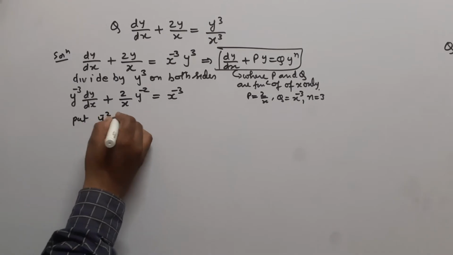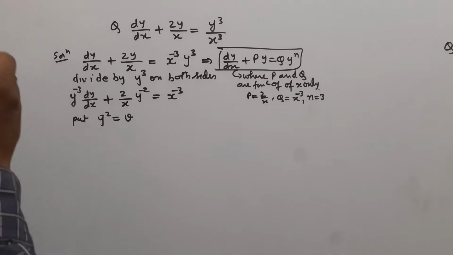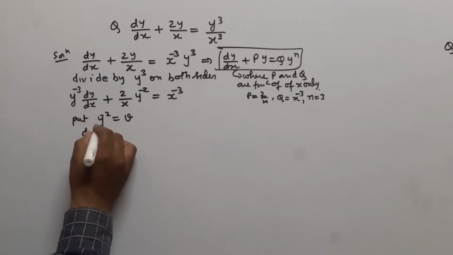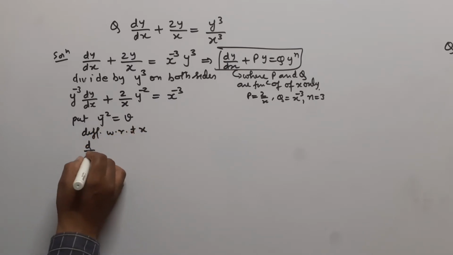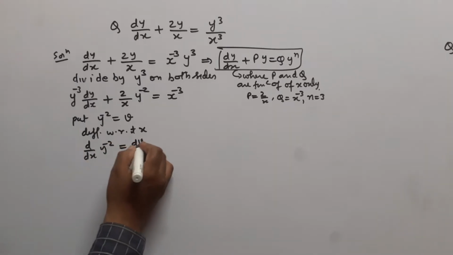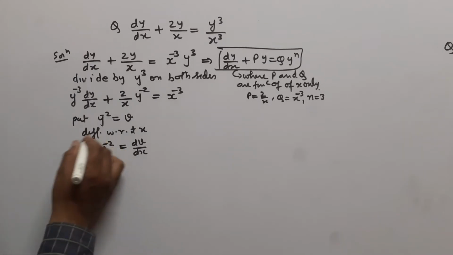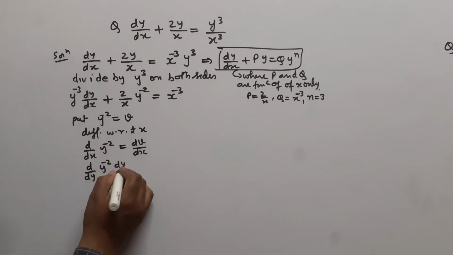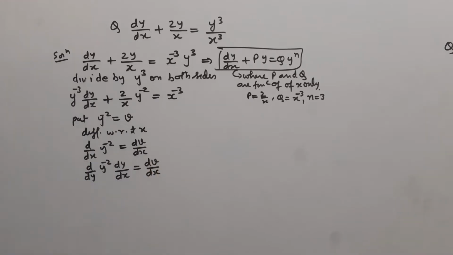Now we put y^(-2) = v, and differentiate with respect to x. So d/dx of y^(-2) = dv/dx. Now this can also be written as d/dy of y^(-2) multiplied by dy/dx = dv/dx.